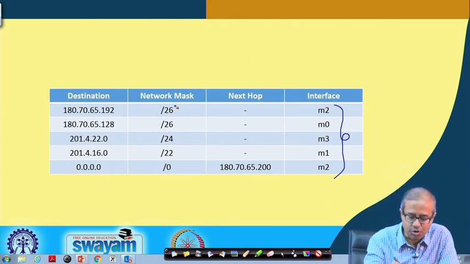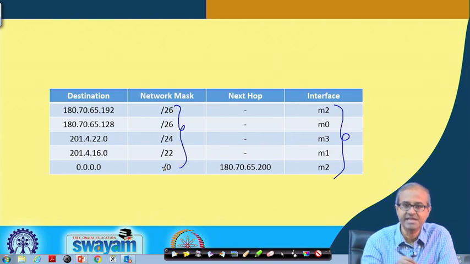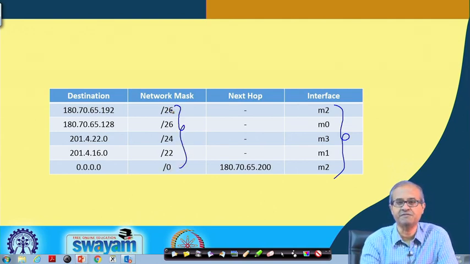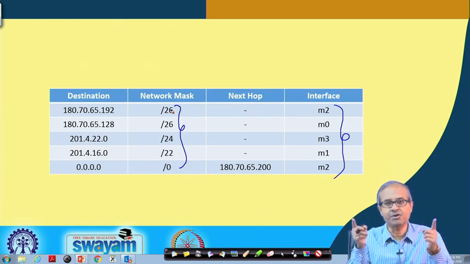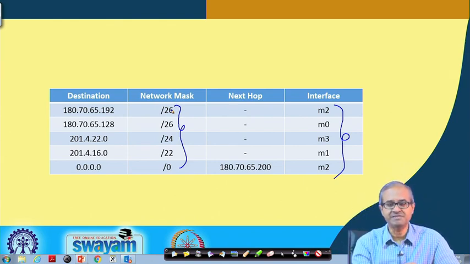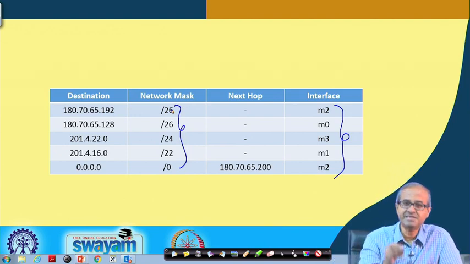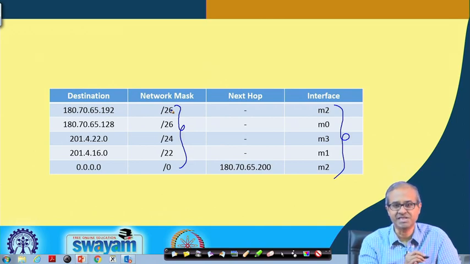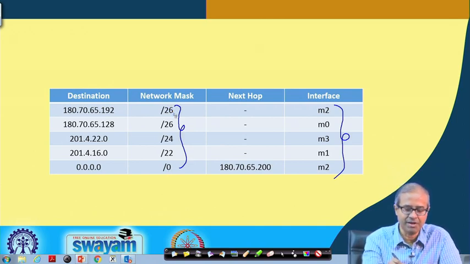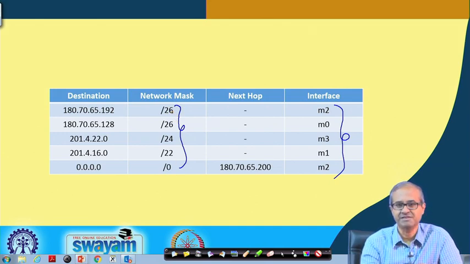Now, if we sort the network masks in descending order, largest one first, then if there is a longer match, it will get matched first. So, you need not see the later entries. This saves the searching and matching time. If you sort your table with respect to network mask with the largest values first, then the first match you get will be the longest prefix match, because that corresponds to the largest value of mask, right.